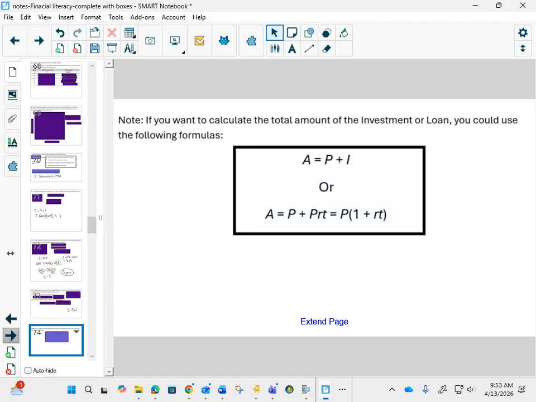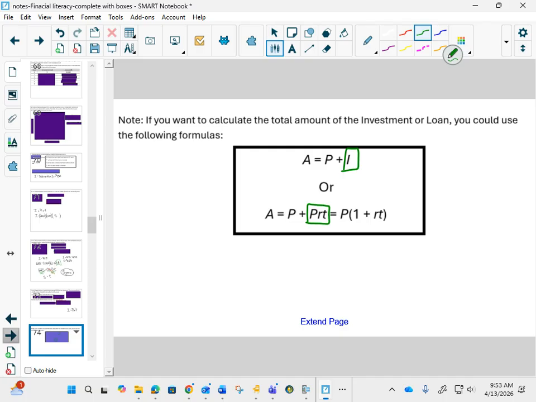So here we have some of our formulas. The total amount will always be your principal plus your interest. Or you could use, here I'll put a green box around the interest. This is our interest formula. Our interest formula is the PRT formula.